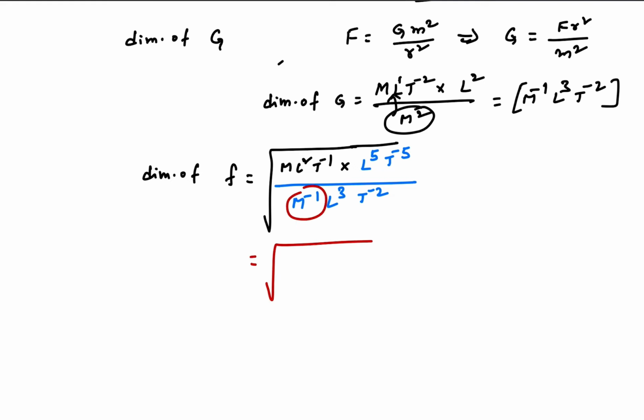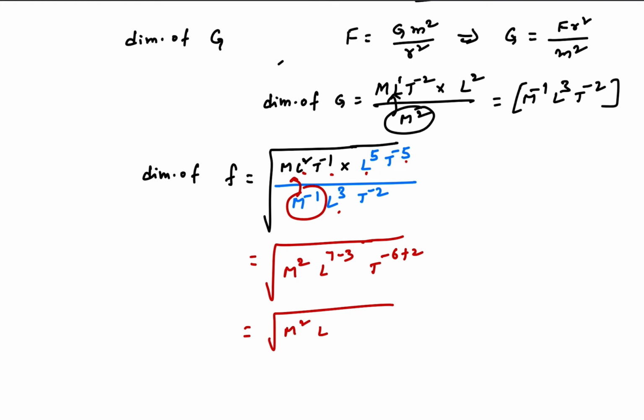You will get an under root of m square, L square, and you can see down L cube is there, here L to the power of 5 also there, nothing but L to the power of 7 minus 3. Next one, T to the power of minus 1 minus 5 minus 6 plus 2 is there.